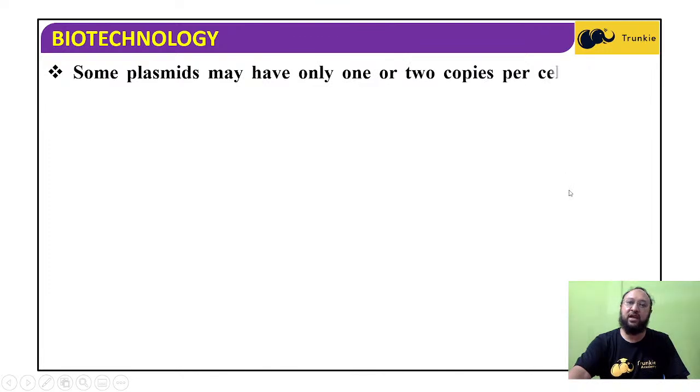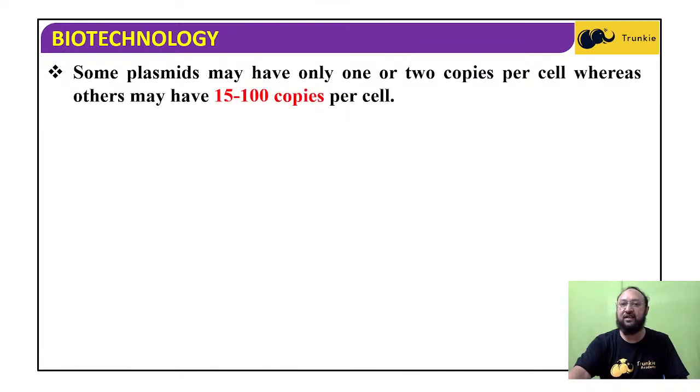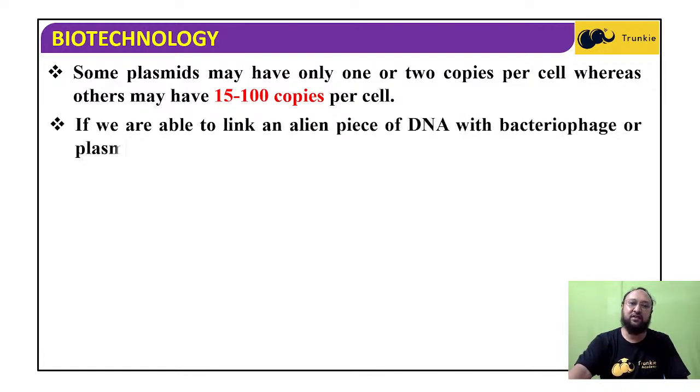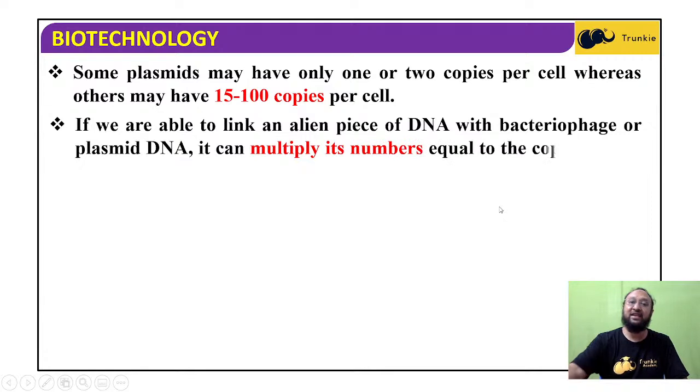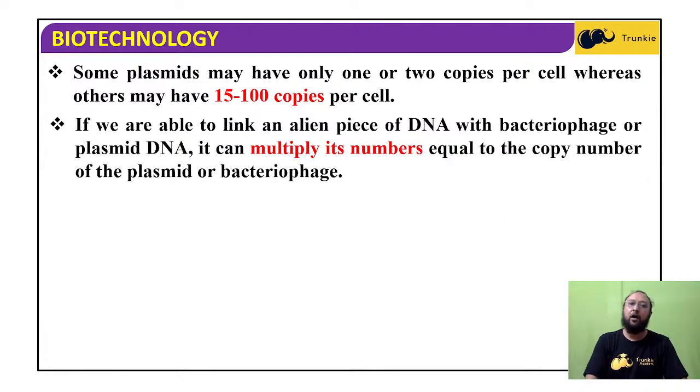Some plasmids may have only 1 or 2 copies per cell, whereas others may have 15 to 100 copies per cell. Just imagine. If we are able to link an alien piece of DNA with bacteriophage or plasmid DNA, it can multiply its number equal to the copy number of the plasmid.